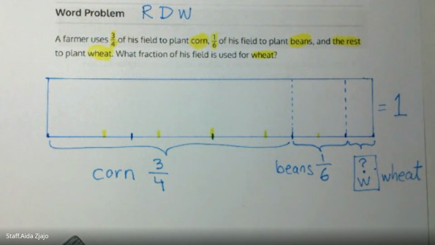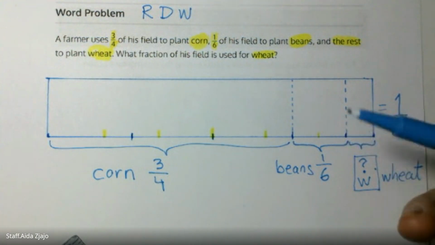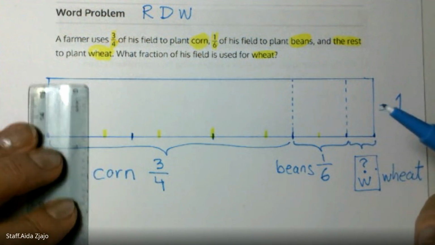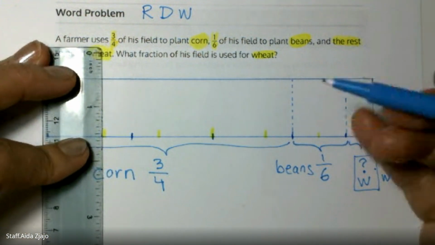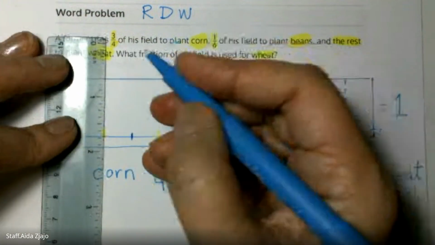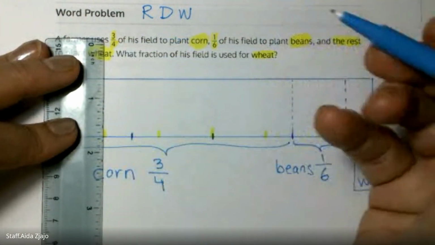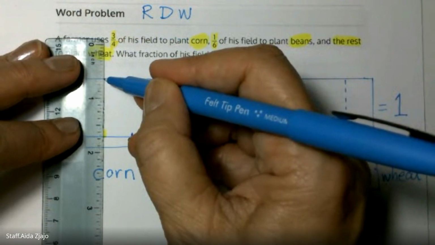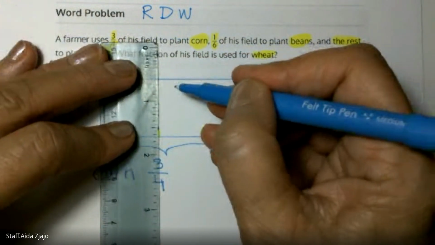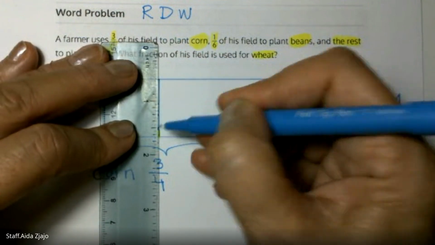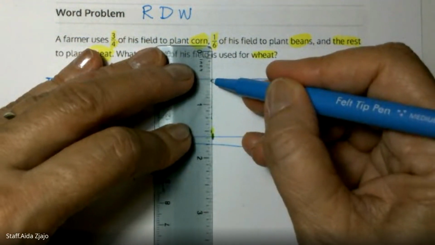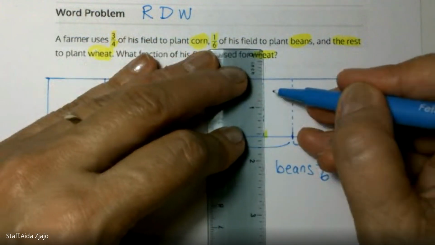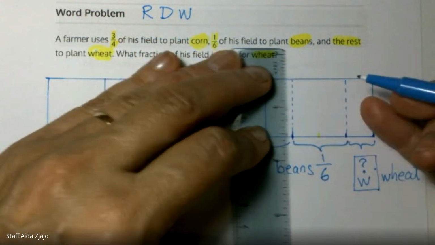Now if I look at my pieces, I could change these to be all parts of the sixth, but that's not going to help me because I will have unequal pieces.